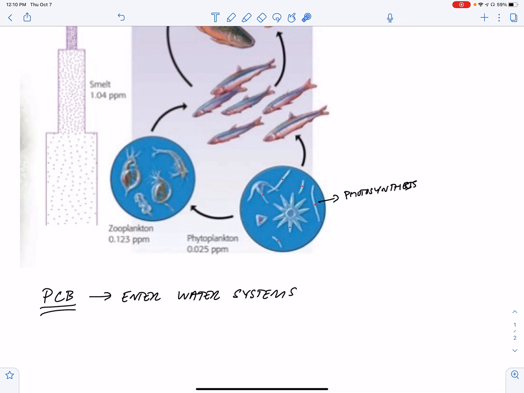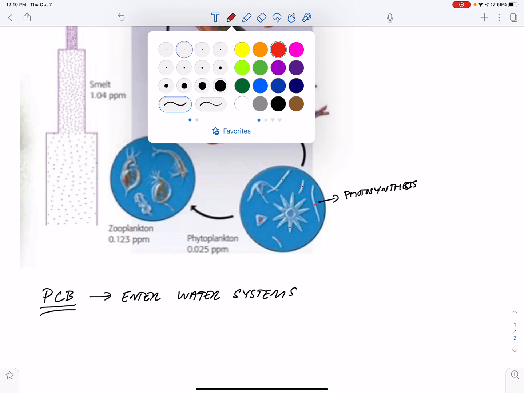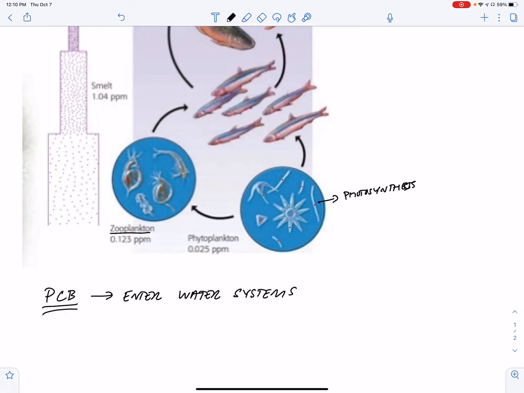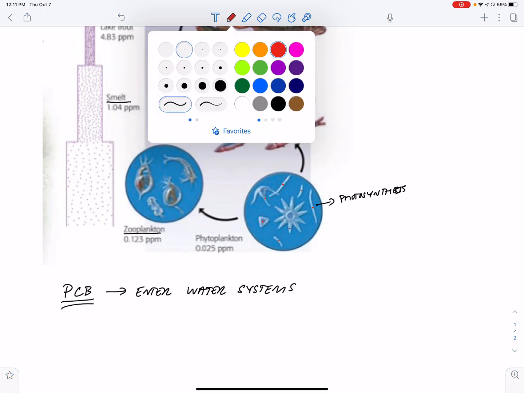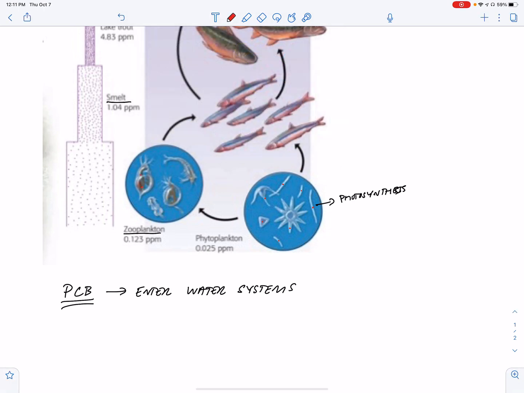However, as we move up the food chain to zooplankton, for example, which are eating some of the phytoplankton as well as smelt, we see a magnification of this toxin because the zooplankton is eating a bunch of phytoplankton and they can't get rid of the PCBs that they consume.